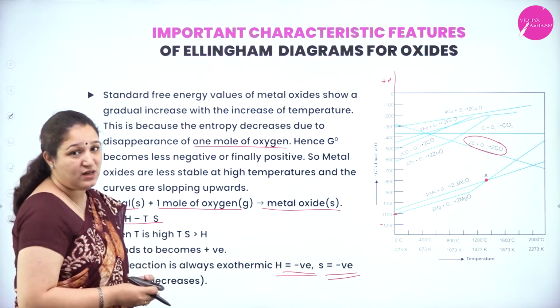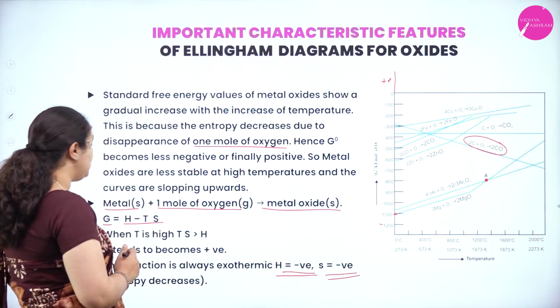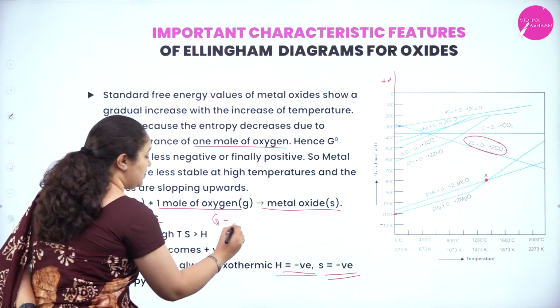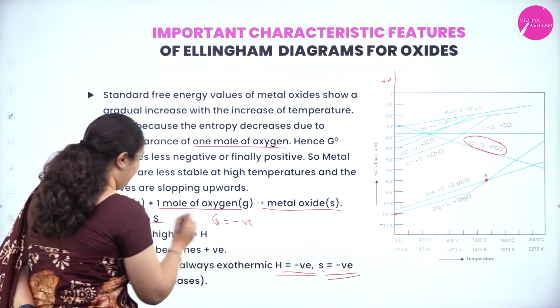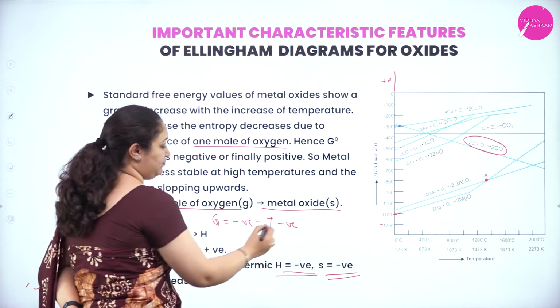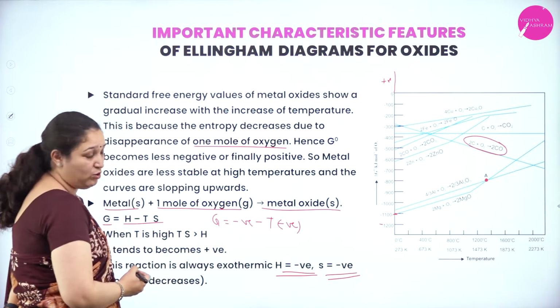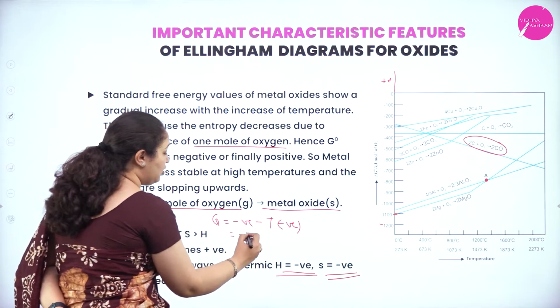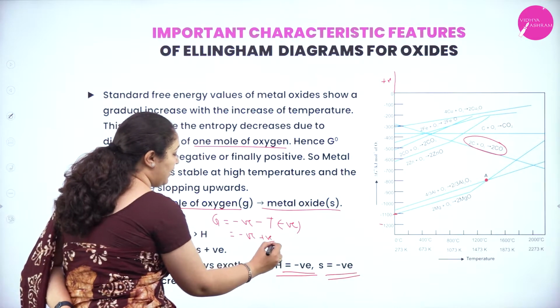So entropy is decreasing. Then what will happen to the G value? G is equal to delta H, which is negative, minus T times delta S, which also is negative. Minus into minus, you get a positive value.